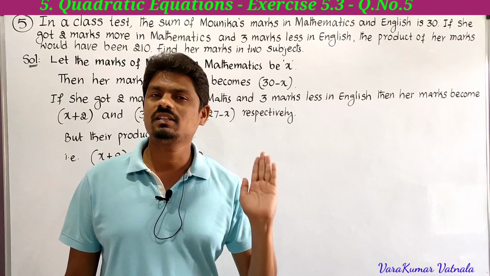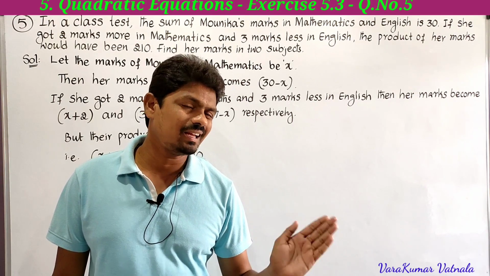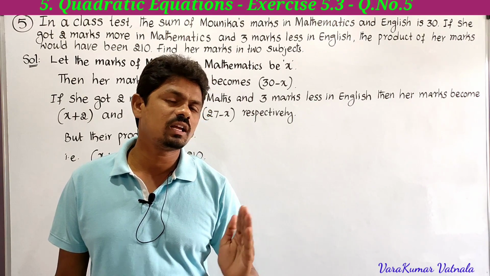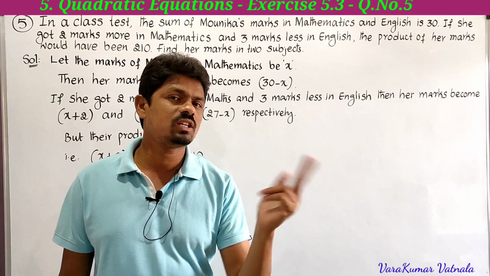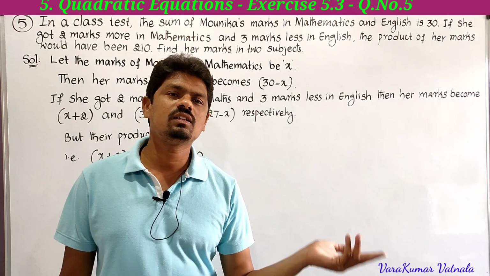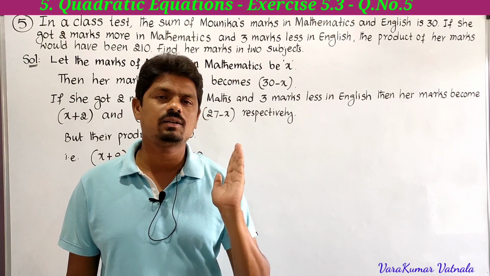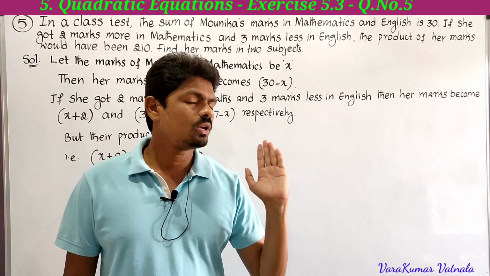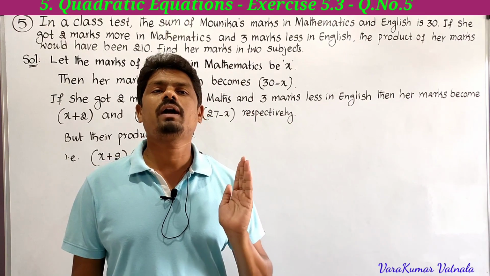Suppose if maths marks are 10, then English marks are 30 minus 10, which is 20. You just have to subtract, since their sum should be 30. If maths marks are 15, then English is also 15. So let the marks in maths be x, then marks in English becomes 30 minus x.